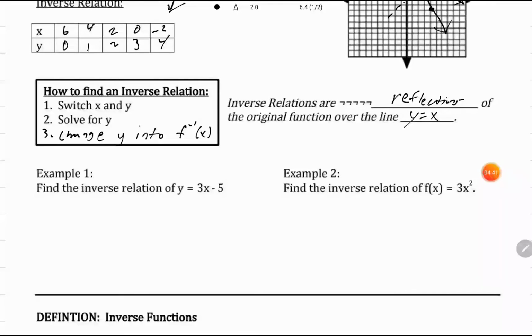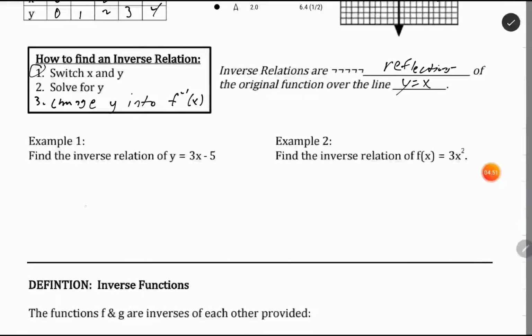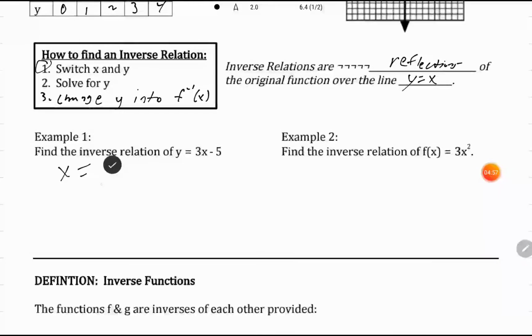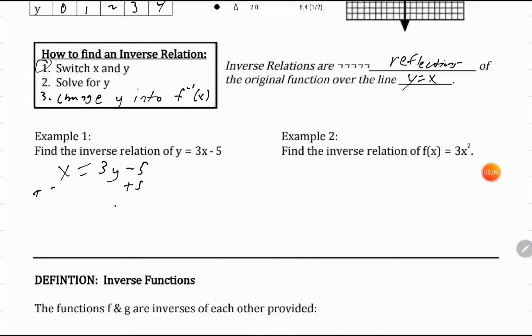Okay, find the inverse relation of y equals 3x minus 5. First thing we gotta do is switch x and y. So step 1, switch x and y. So x equals 3y minus 5. Then solve for y. To get y by itself, I'm going to add 5 to both sides.